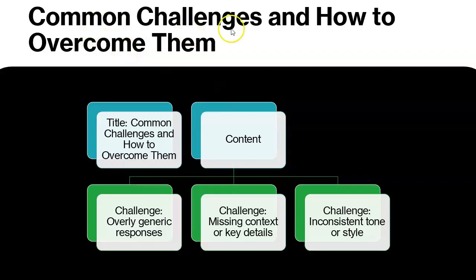Common challenges and how to overcome them. Of course, using AI tools like ChatGPT can come with some challenges. For instance, you might encounter overly generic responses. To overcome this, refine your prompt to be more detailed and specific. If ChatGPT provides output that's missing context or key details, supplement it with additional information and manual input.